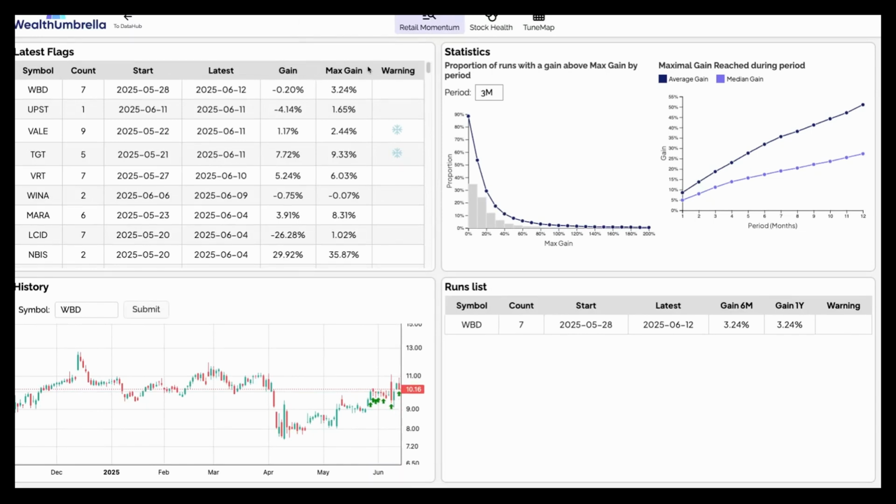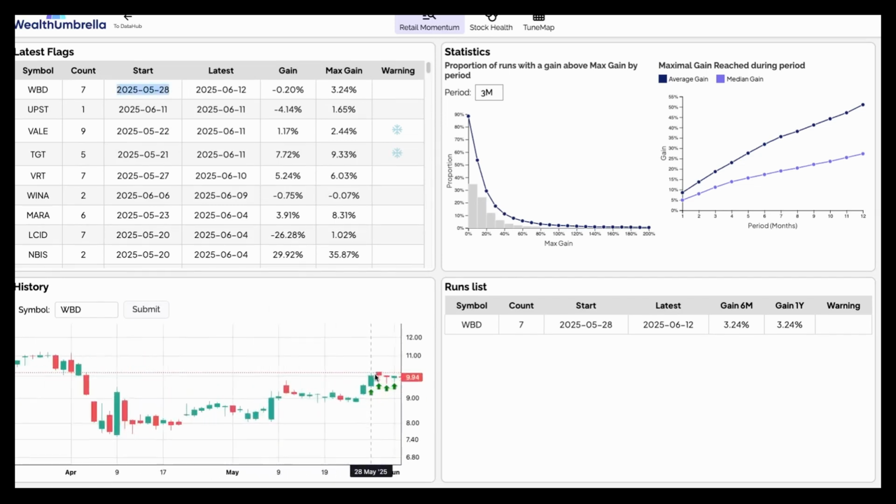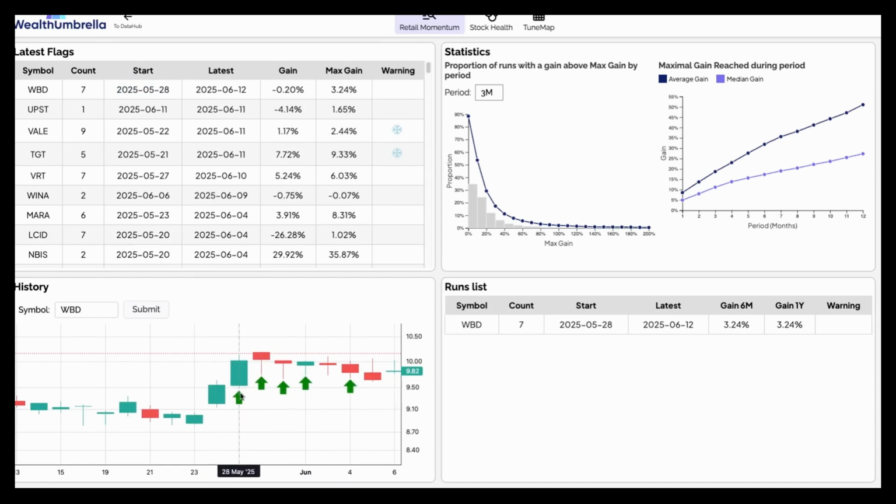Then we have the gain and the max gain. The gain is if we take yesterday's close, because the price action on those graphs is only updated at night, and the open before the start flag. As I said, the first flag is only known the next morning, the day after, so to compute our stat we use the open of the next day.